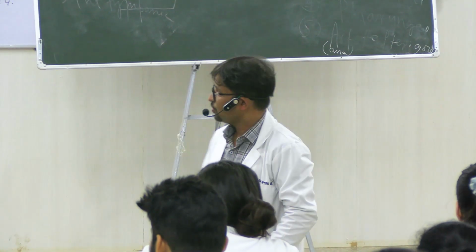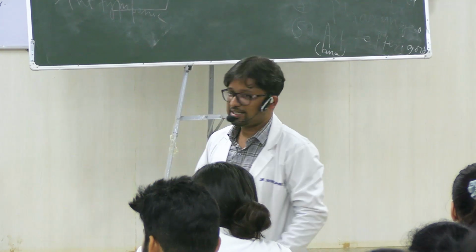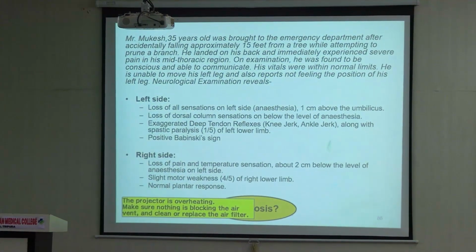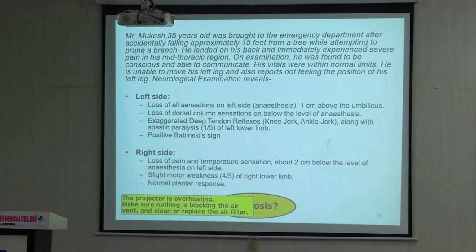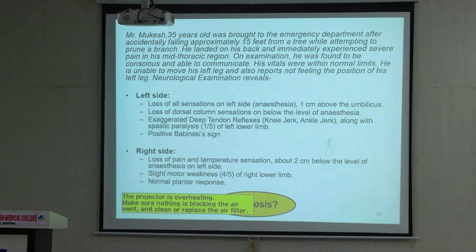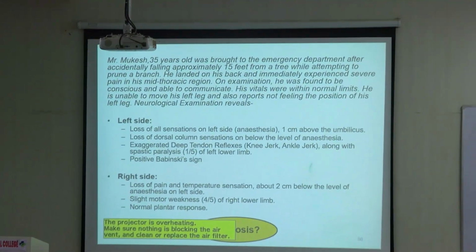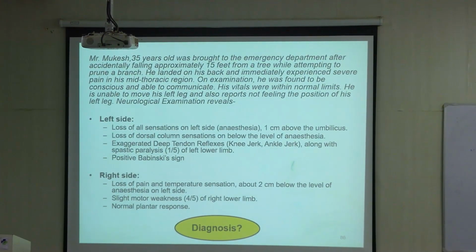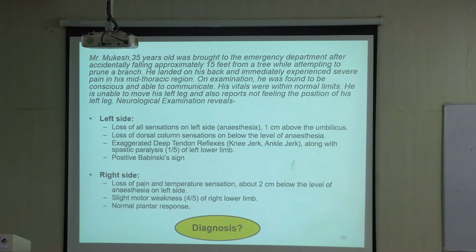Further examination, what does it reveal? On the left side there is a loss of all the sensations. So use the word anesthesia. Analgesia, remember, is a term we use for loss of pain or absence of pain. But when we use the word anesthesia, that means all sensations are not felt, absence of all sensations.